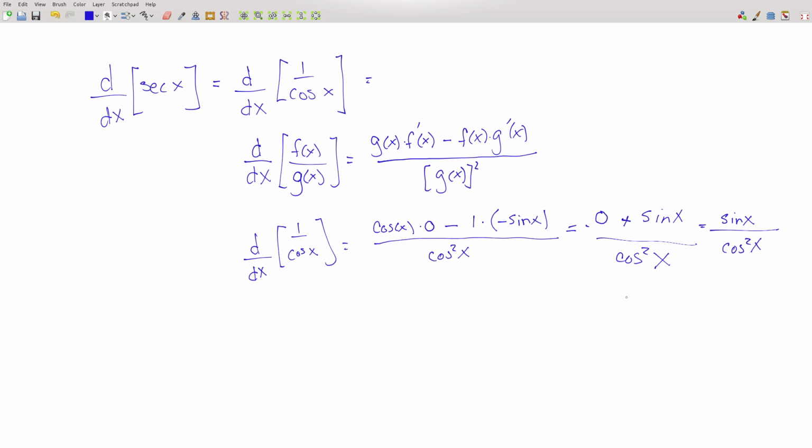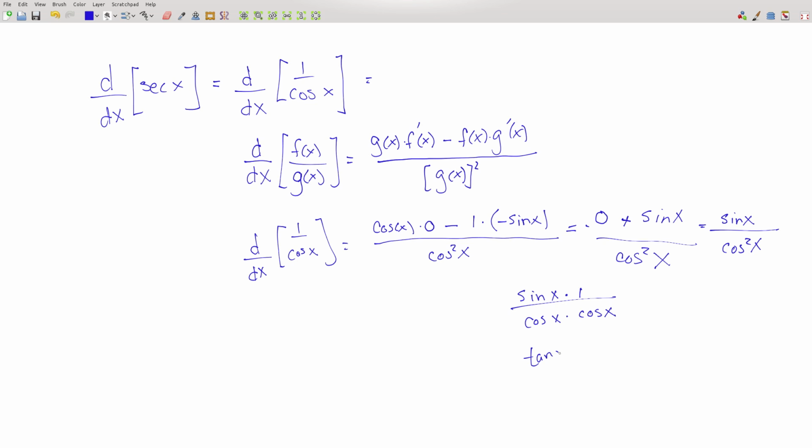So we will have here, this is the sine of x times 1 over the cosine of x times the cosine of x. The sine of x over the cosine of x is nothing other than the tangent of x.